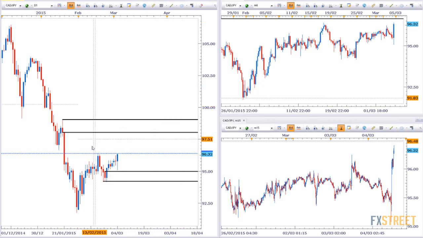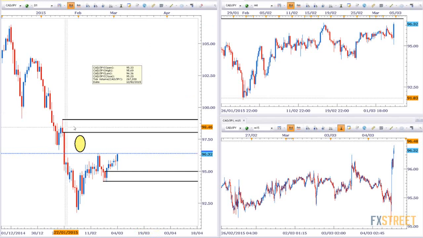I'd want to see us trading comfortably above 96.40. If we were trading above 96.40, we have plenty of room then to get to our next supply area. You see that? We have room from 96.40 up to around 98.03.